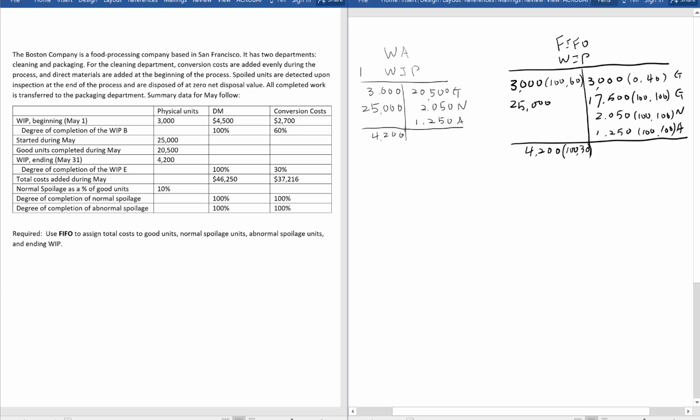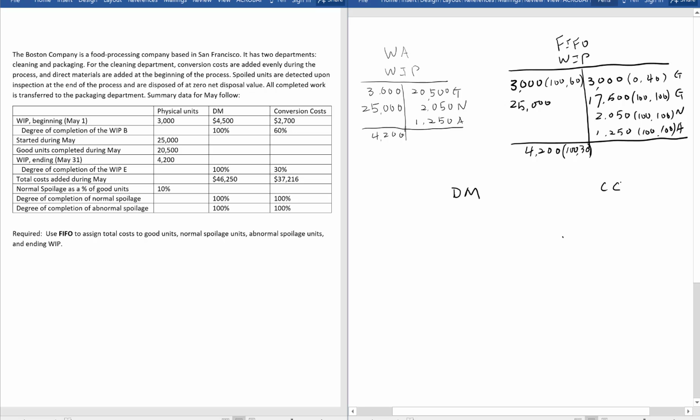After the physical units are determined, let's calculate equivalent units under FIFO. I set up one column for direct materials and another column for conversion costs.